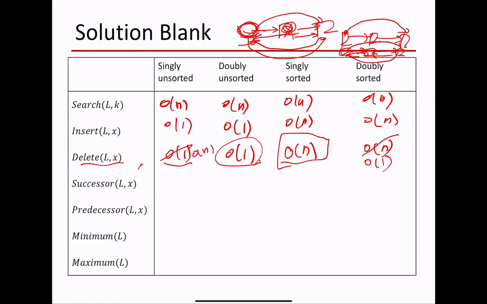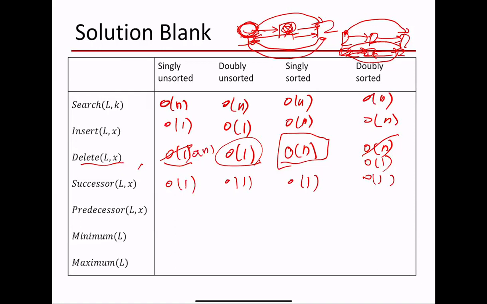I'm Sungjun, and I think they're all O(1). Successor, big O(1). Why? Since linked lists all have nodes, all nodes have the successor, so that's why.